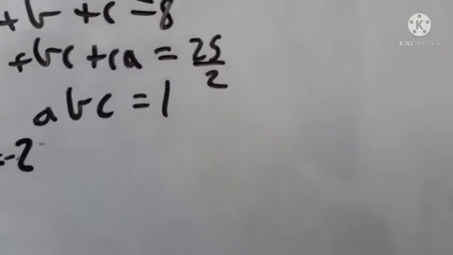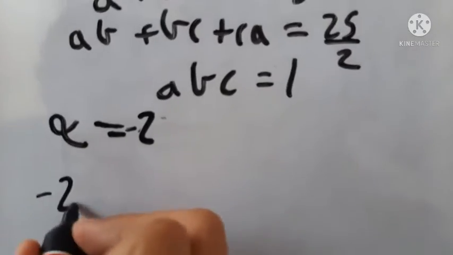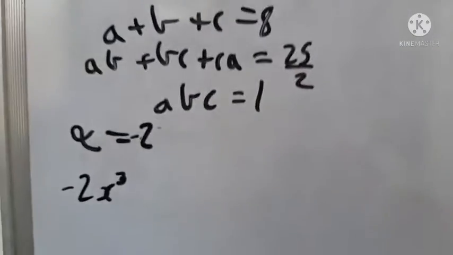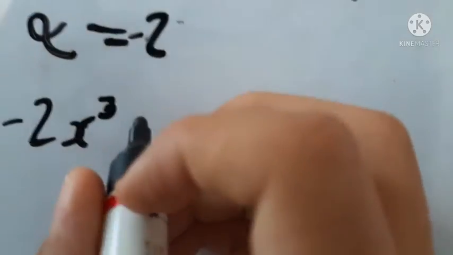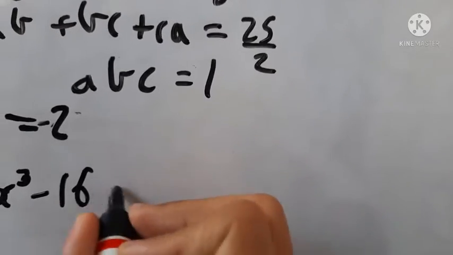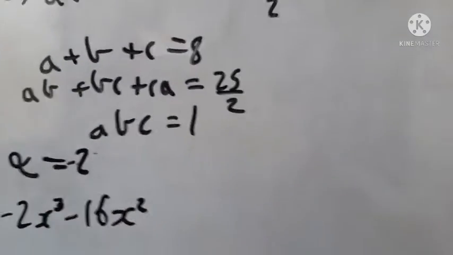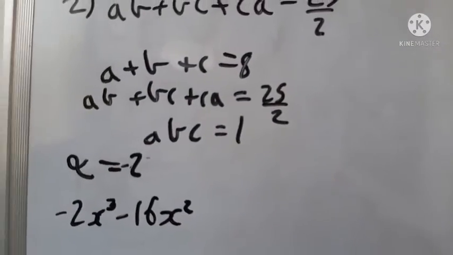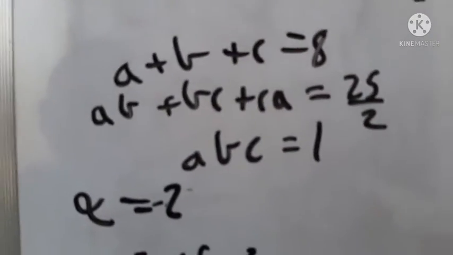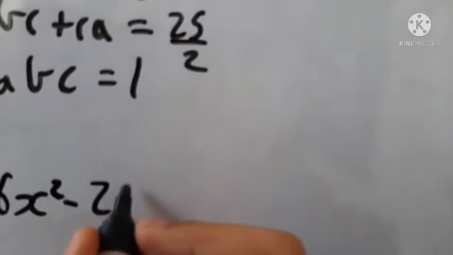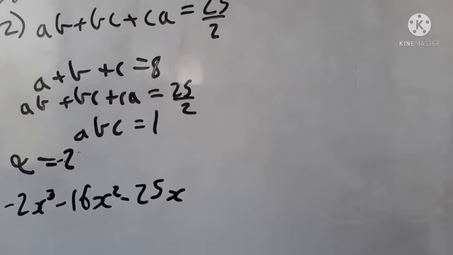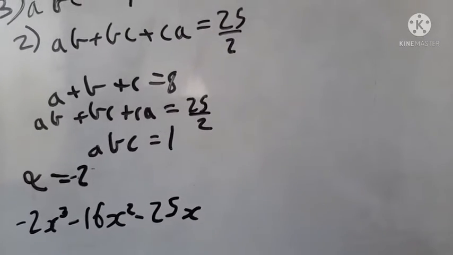Okay, so let's form a cubic with this, right? So minus 2x cubed, minus 16x squared, minus 25x, minus 2. Does that make sense? C over A, yeah, it makes sense.